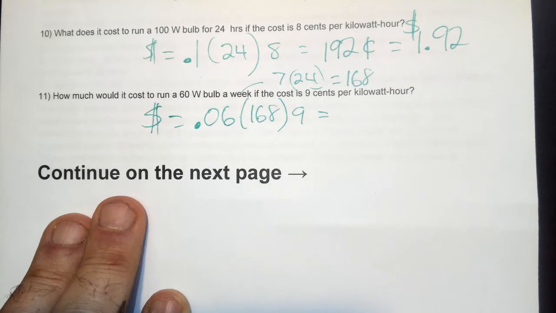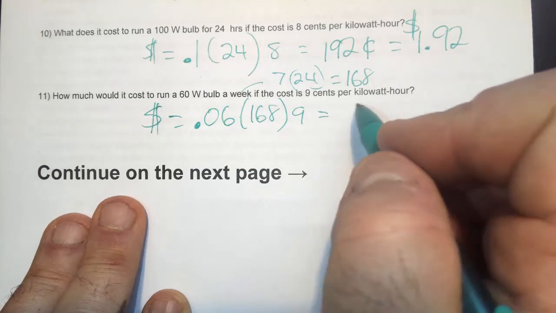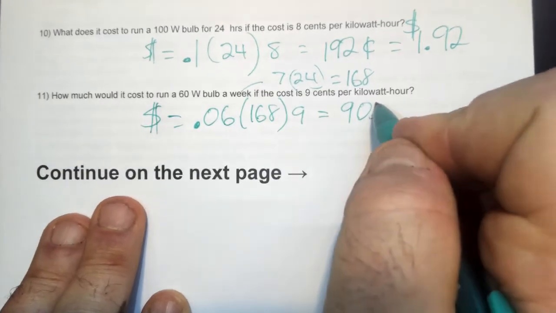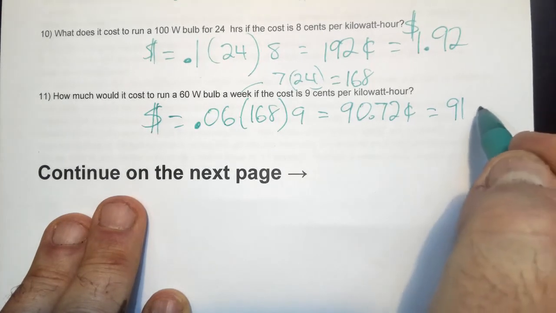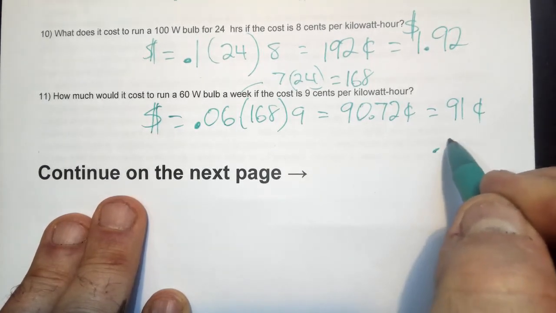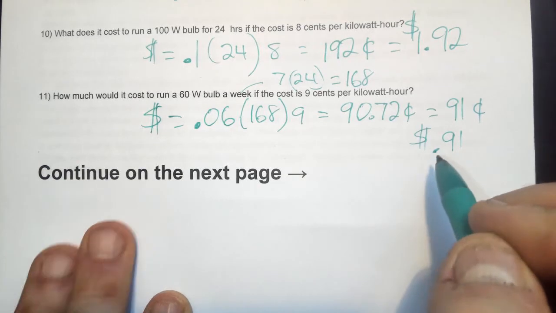Multiplying 168 times 0.06 times 9 gets me 90.72 cents, which will round to 91 cents, or we could say $0.91.